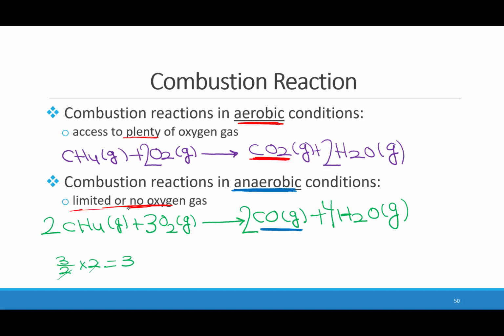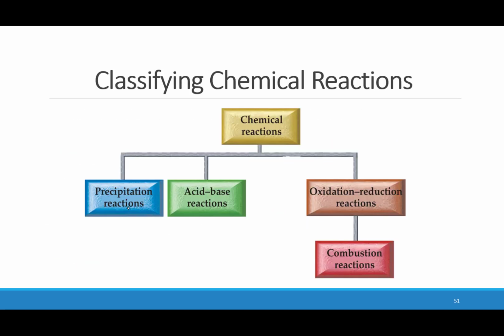Okay. All right. So let's go over it. When we are talking about chemical reactions in Chemistry 130, we have precipitation reactions. That's when we have a solid as one of the products. We talked about acid-base reaction, which is a reaction between an acid and a base. Whenever we have an acid react with a base, regardless of the strength of your acid or base, your product is always aqueous salt and liquid water.